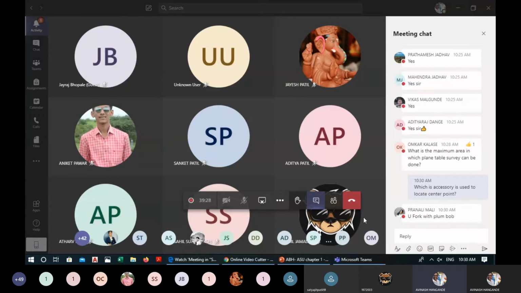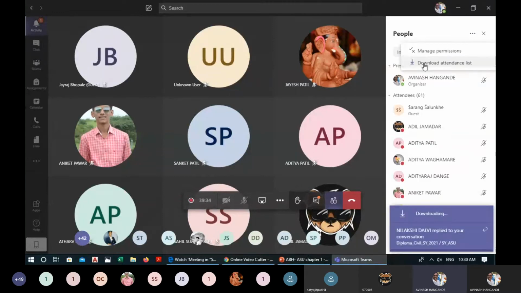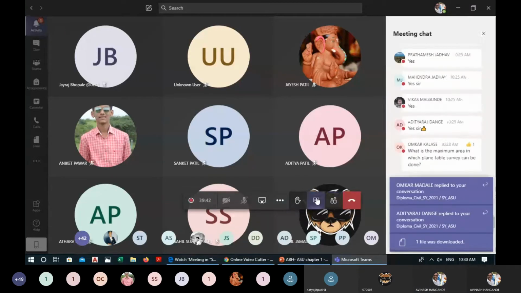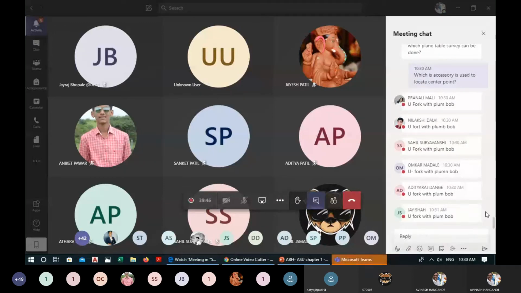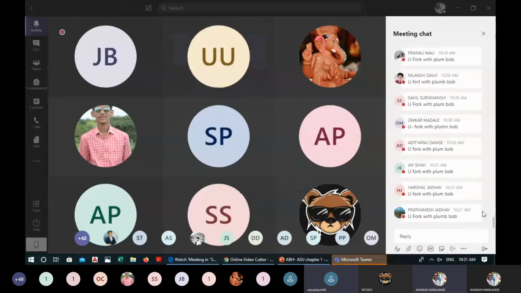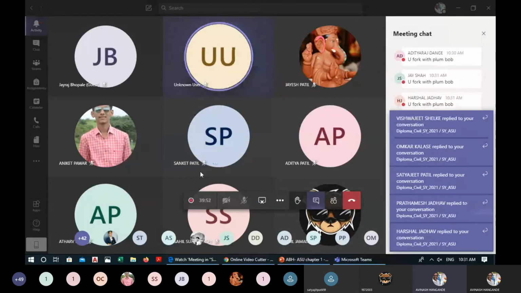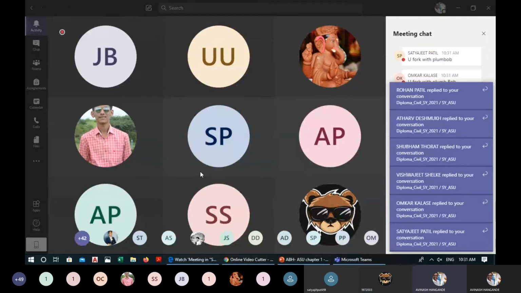Pranali, you put U fork with plumb bob, correct? Rest of the students, you have to write your answer in your chat box. Mention your answer. If the chat box is not available with you, then you have to answer otherwise.